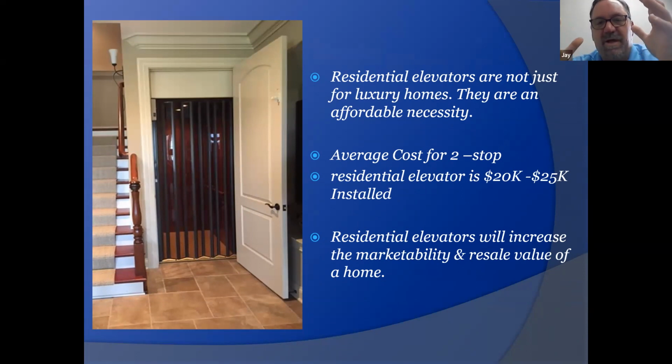That's just the elevator and us installing it and getting it up and running. The hoistways could range anywhere from $10,000 to $30,000, depending on the house and the structure and so forth.